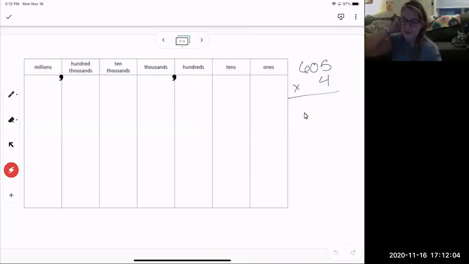Okay, let's try this one. Go ahead and represent 605 times 4 in your place value chart, and then record your problem vertically.